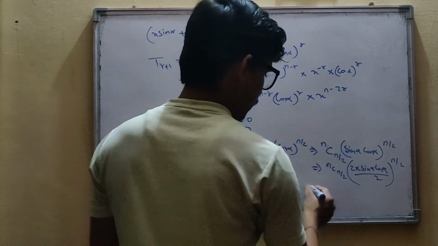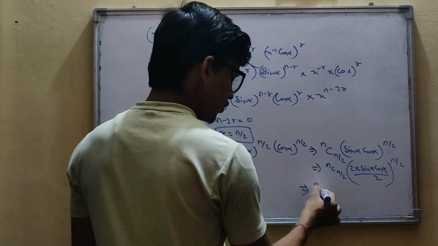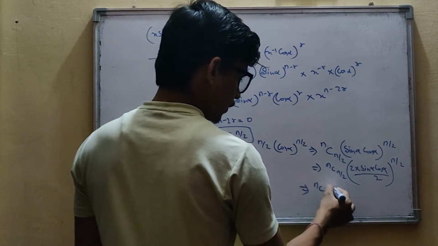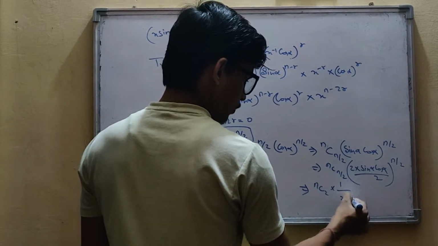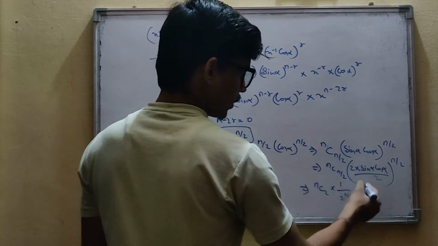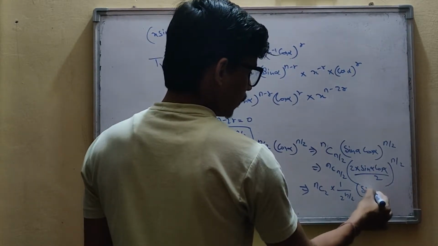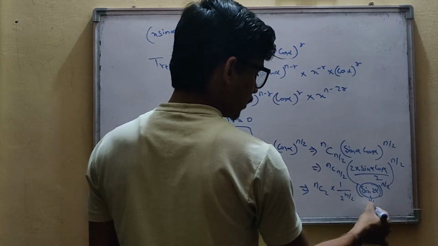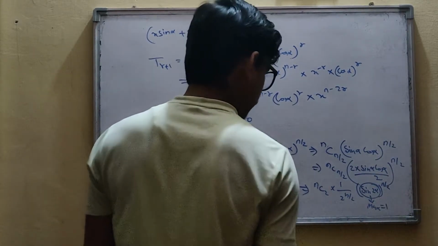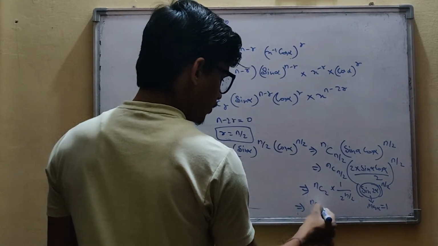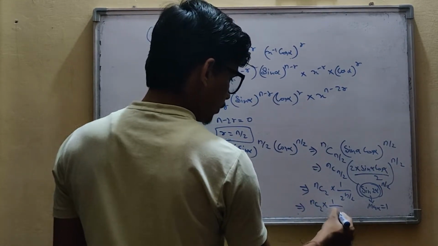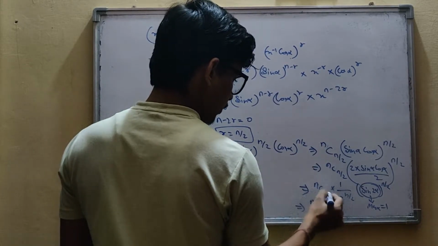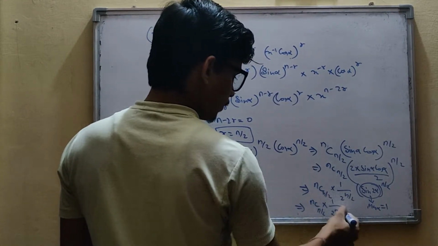This is how you can write it. Now if I take this denominator 2 outside the bracket, it is going to be like this, and this will become (sin 2 alpha)^(n/2), and you know that the maximum value of sin is 1, right? So the maximum value will be nC(n/2) upon 2^(n/2).